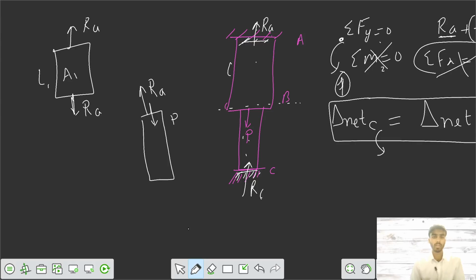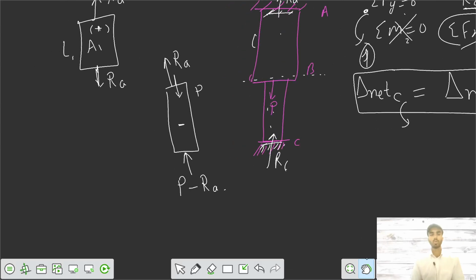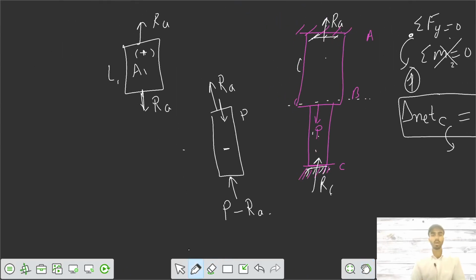So net, let's take net as compressive, this one is positive tensile. Taking net as compressive, P minus RA. So we can get total deformations in bar 1 and bar 2.